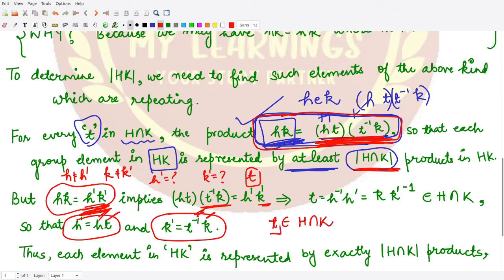Now T was an arbitrary member, so we may express this repetition in as many ways as there are T present in this intersection, right? So what does it imply?